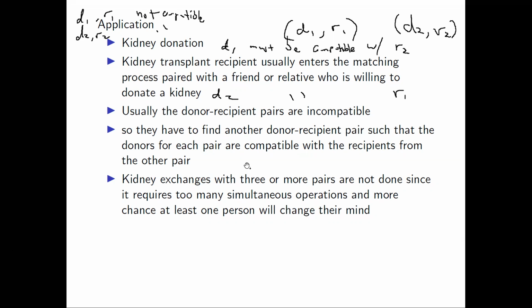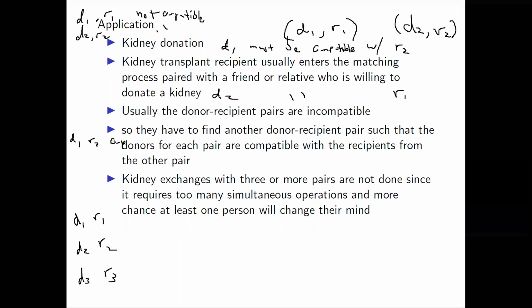So can we do some kind of cycle where, like for example, if we had a D1, R1, D2, R2, D3, R3, is it okay if we have like D1, R2 are compatible, D2, R3 are compatible, and like D3, R1? Would that be okay? So like making some other kinds of cycles here.